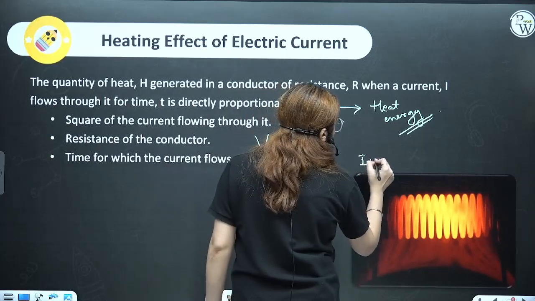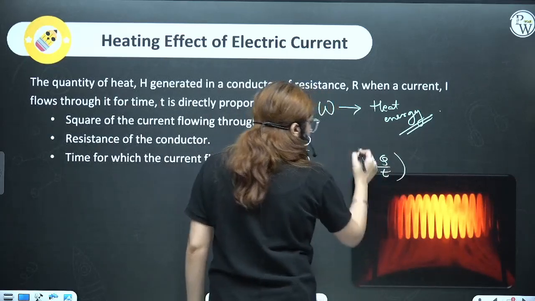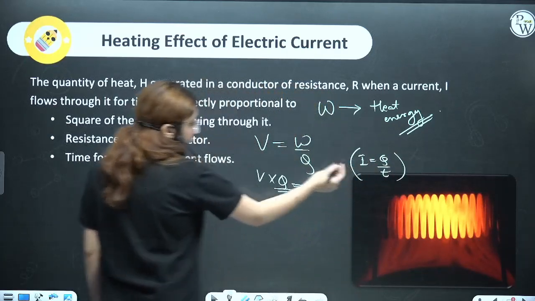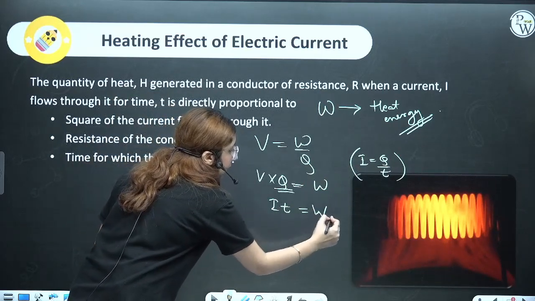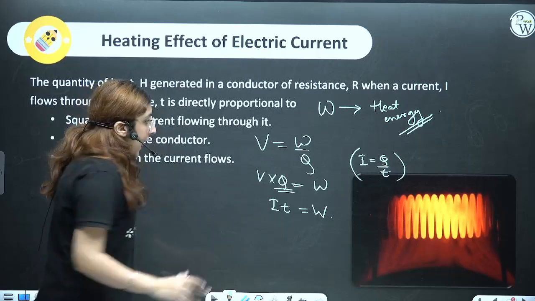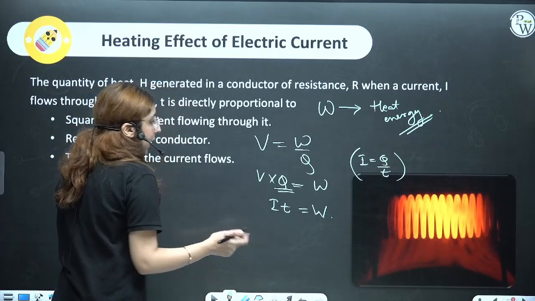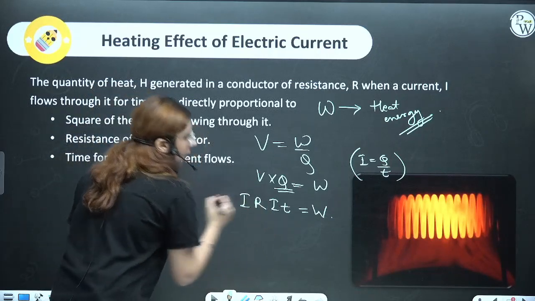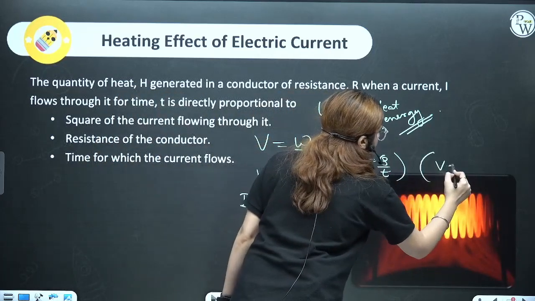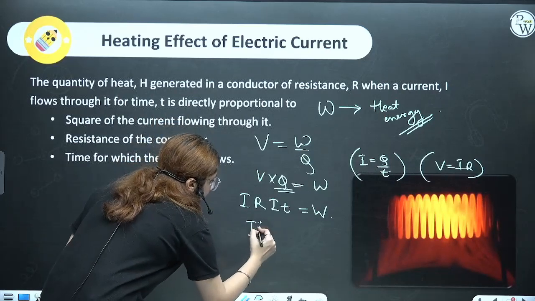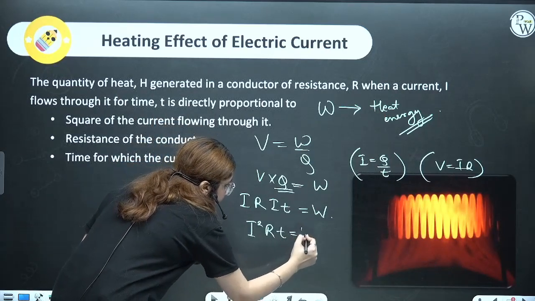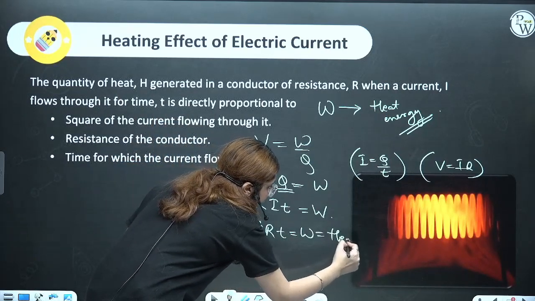I is equal to Q by T. In the place of Q, I can write down IT. In the place of V, can I write down IR? Now have a look. I square RT, that is nothing but work.